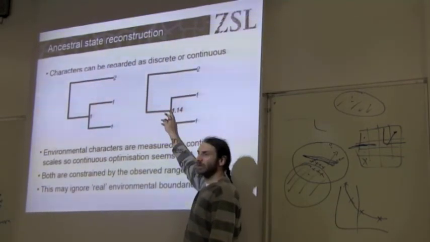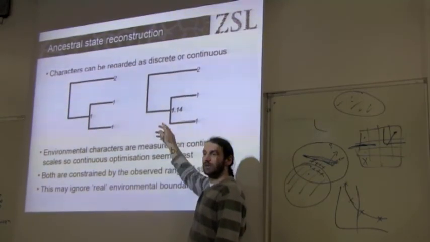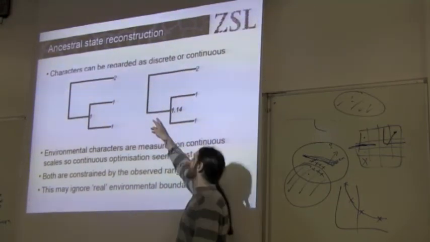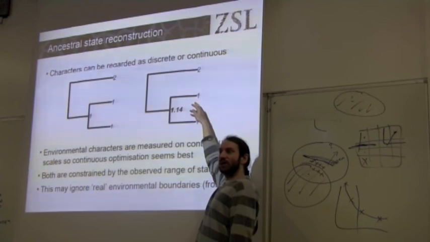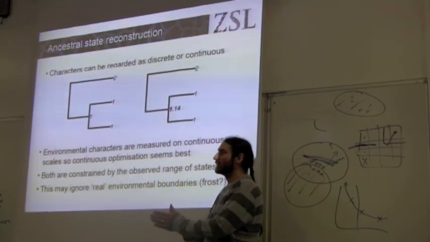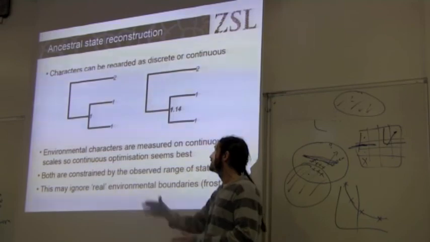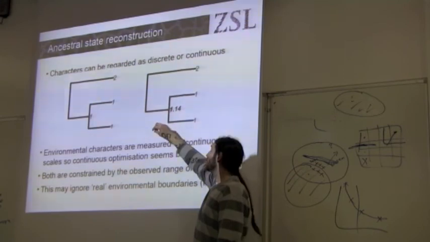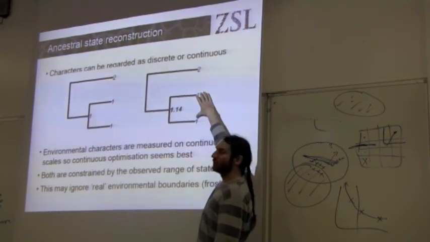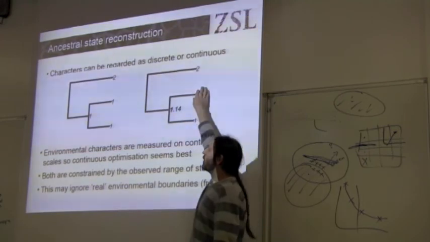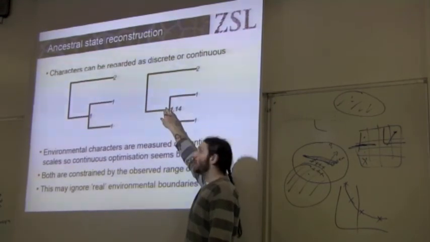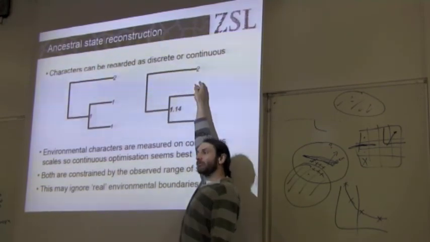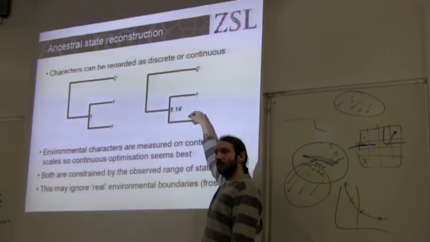Because if this was 0, for example, we'd have to go from a common ancestral state of 2 down to 0 and back up to 1 again, and that would imply a lot of change, and more change than is necessary, employing that principle of parsimony. Okay? So what we find is that when we try and do reconstruction with continuous characteristics, we're constraining ourselves to our ancestral state characters being within the observed range of environmental values.